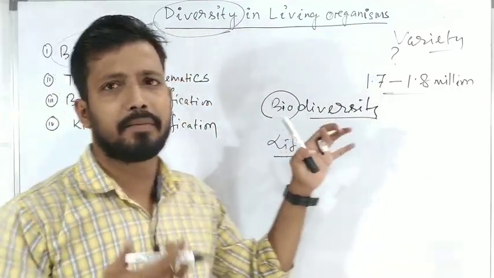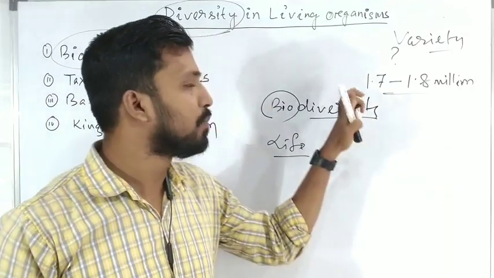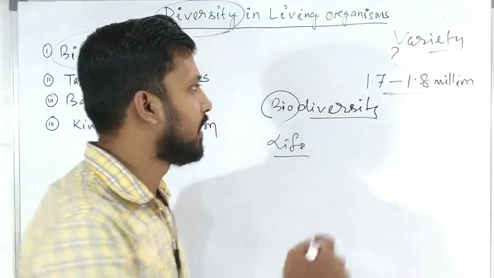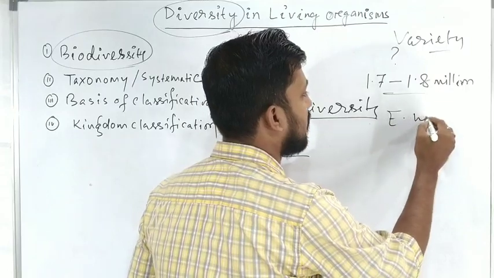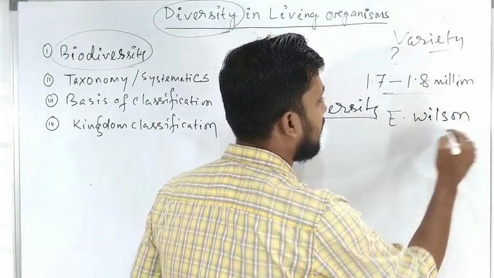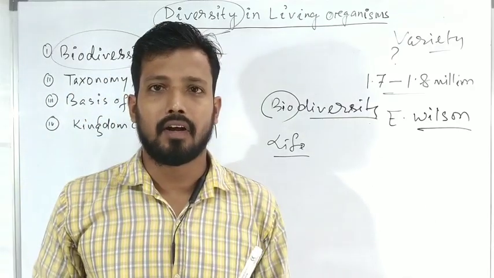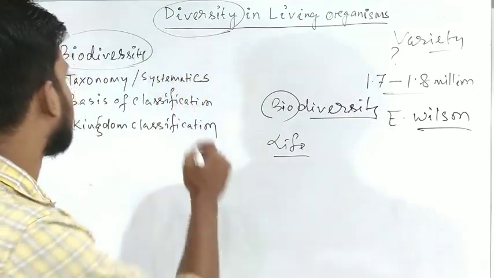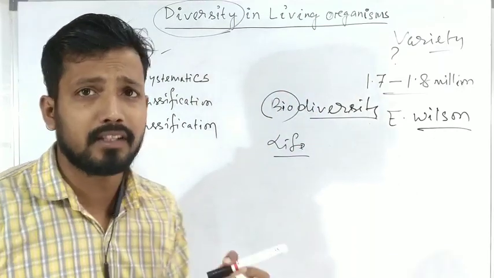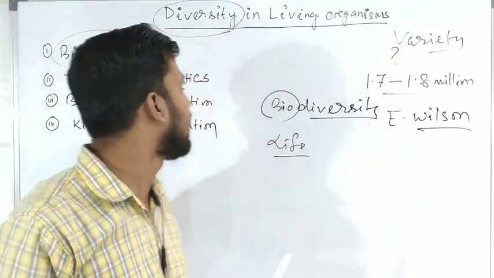And this term was coined by W.S. Ross and popularized by one scientist named Edward Wilson. We will know in detail in a higher class. So in this class, I will mainly focus on these things. What is biodiversity? Already I have told you what is biodiversity.